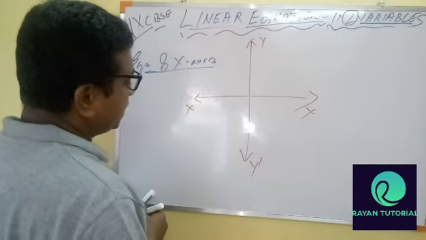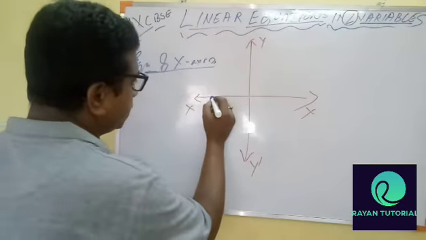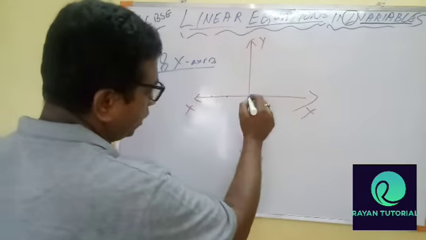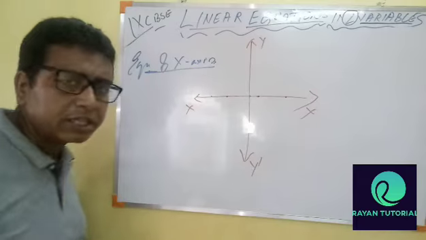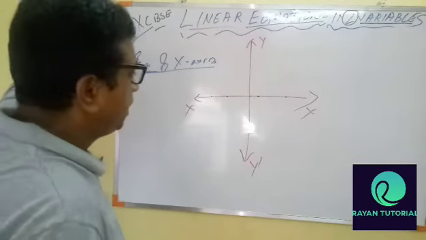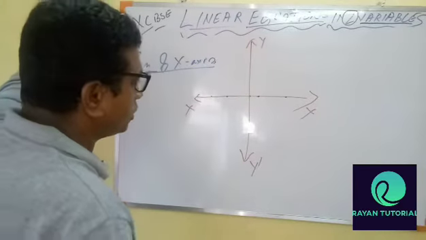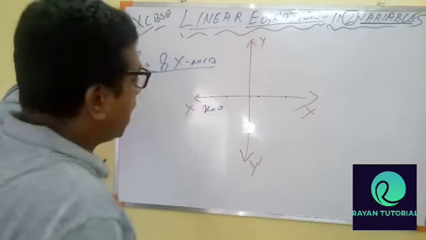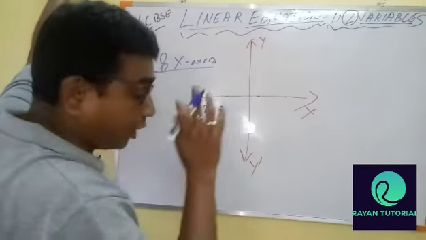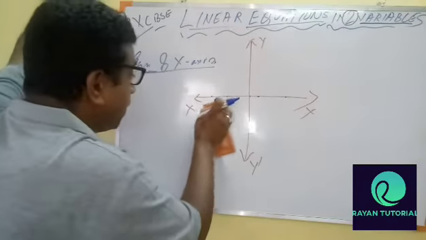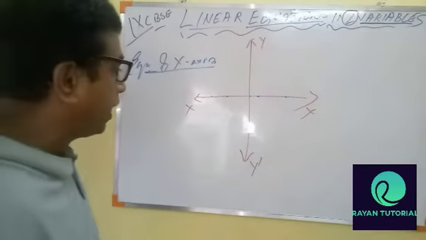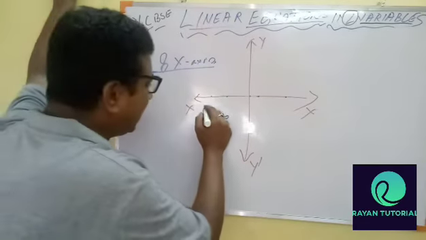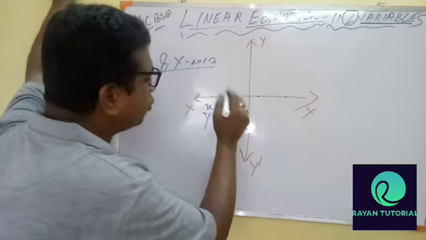Here you can consider this point, this point, this point, this point, this point. Now whichever point you consider, y will be equal to 0 and x will be some value.